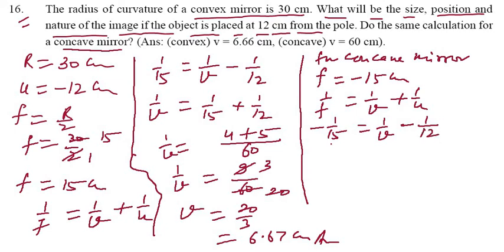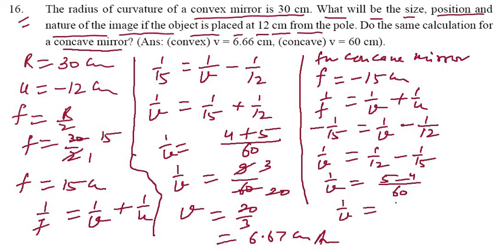Now transfer this side. So 1 upon v is equal to 1 upon 12 minus 1 upon 15. Taking the LCM, that is 60. So 12 five times and 15 four times. So 1 upon v is equal to 1 upon 60. So v will be equal to 60 centimeter, and that is the second answer.